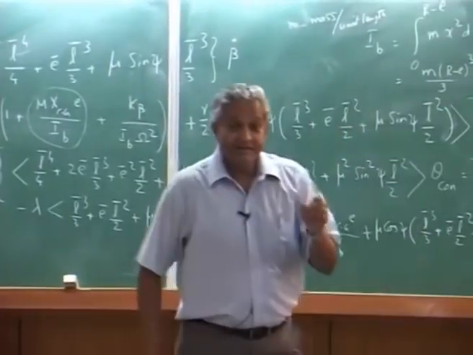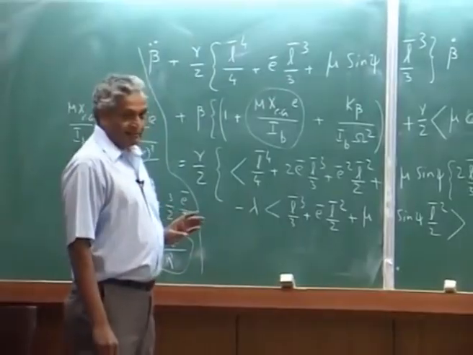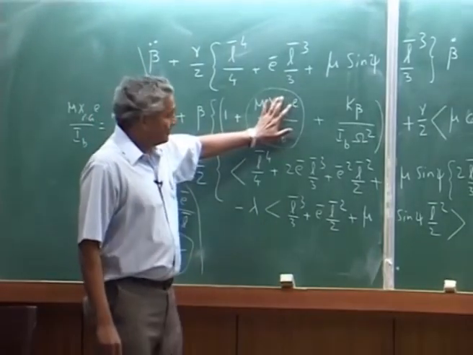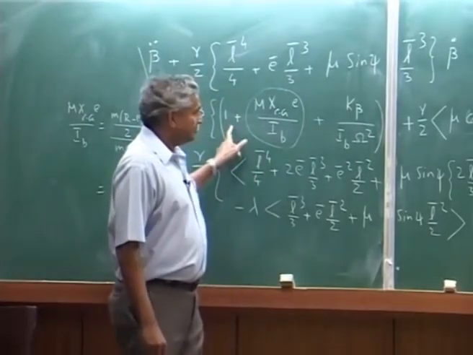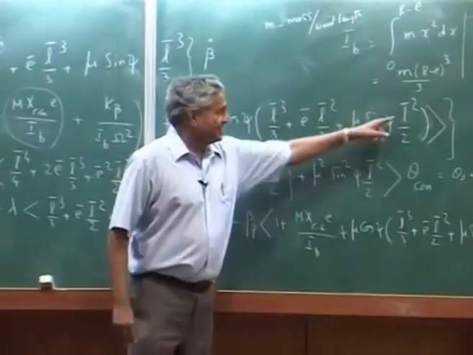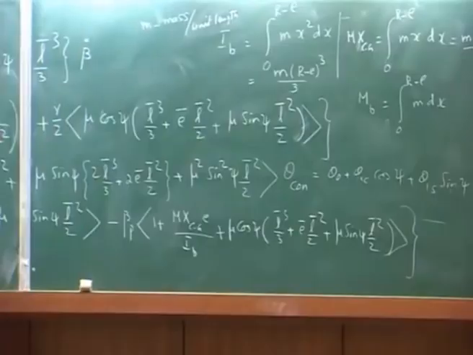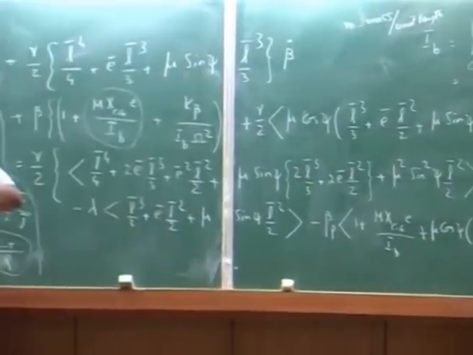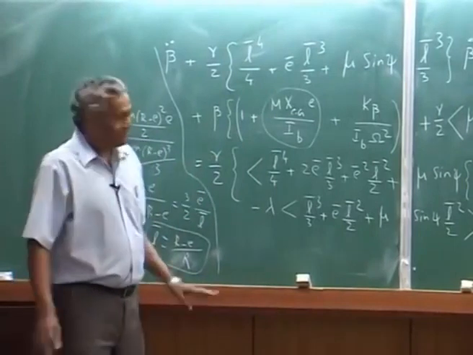But that was simplified, please understand, because you did not have this term, you had only 1 plus, and these are all 1 by 3, 1 by 2, you had only this. If you look back at your equations, here I am having a little bit more complicated.